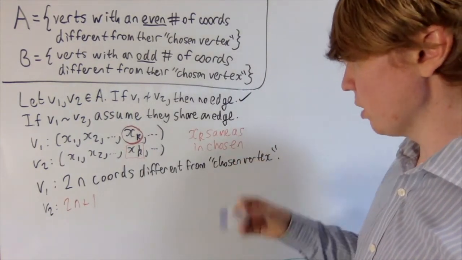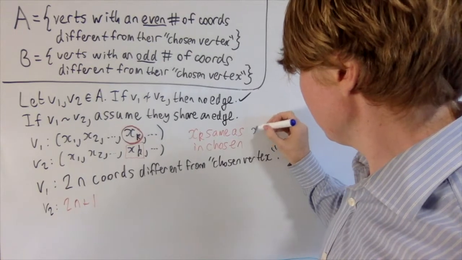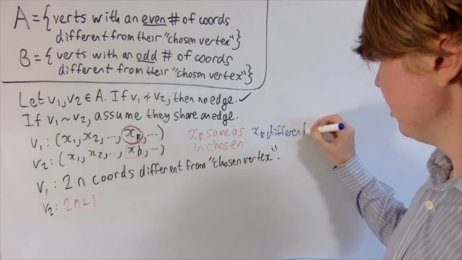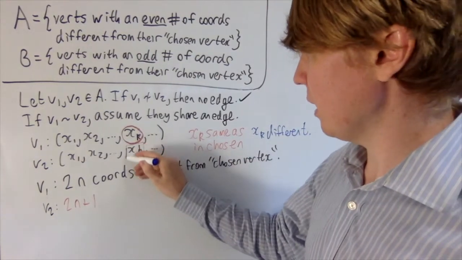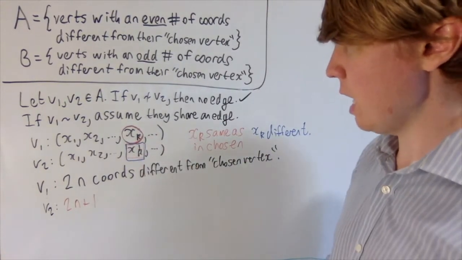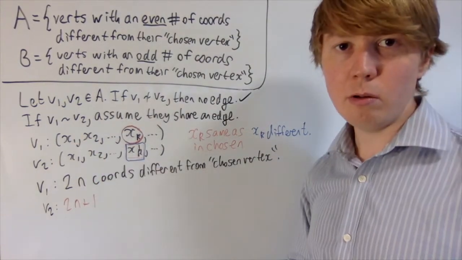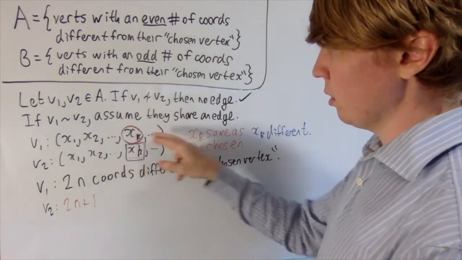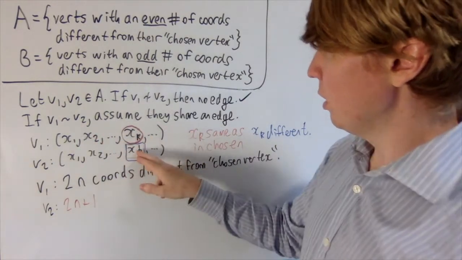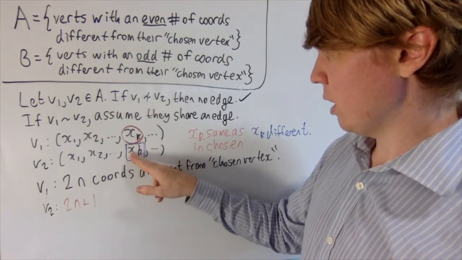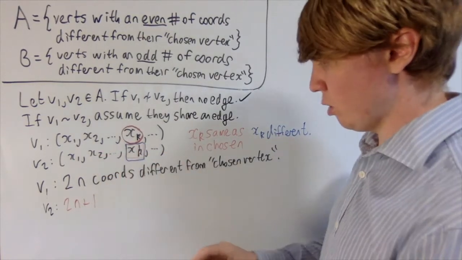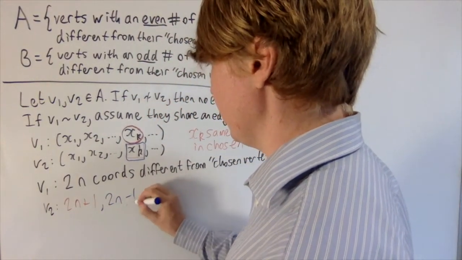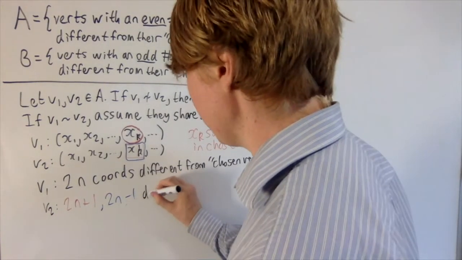So what if xk was different from the chosen vertex? Then xk dash would actually have to be the same. In V1, you've got 2n coordinates which are different from the chosen vertex, and this is one of them. So you've got another 2n minus 1 other than this one, but then in V2, because this one has to be the same, you only end up with 2n minus 1 which are different from the chosen vertex.